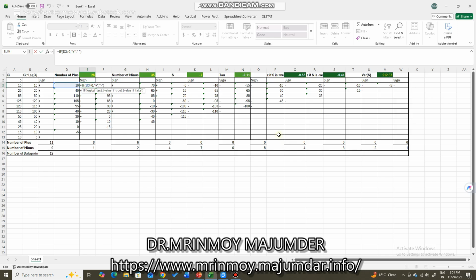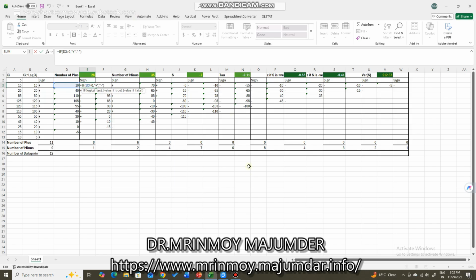But it is an incorrect decision because in our case the number of data points is less than 30, so I should not use the value of Z to decide whether we have a trend or not. So this is the proof that if your number of data points is less than 30, don't use the z-score method, use the tau method.